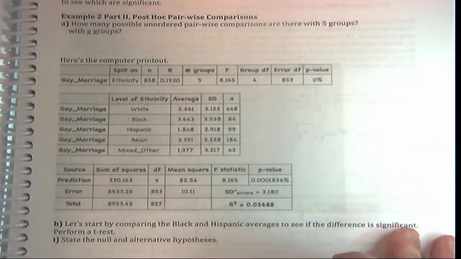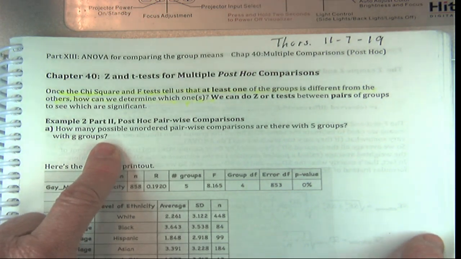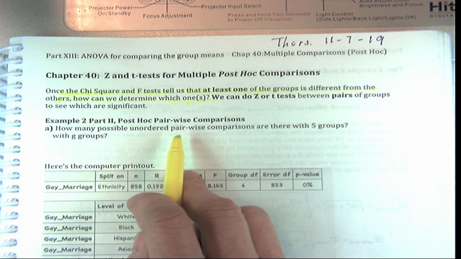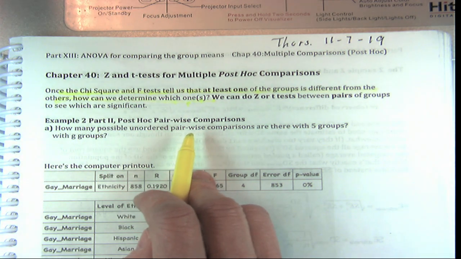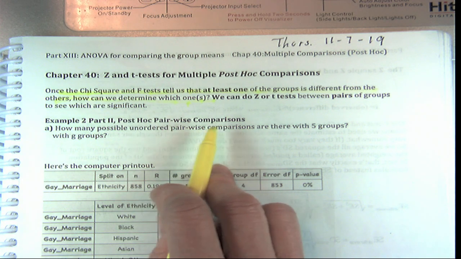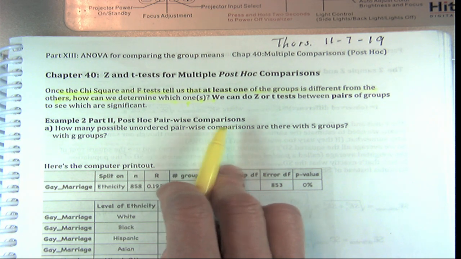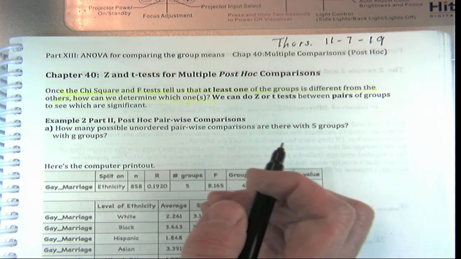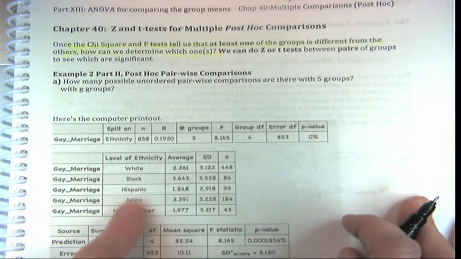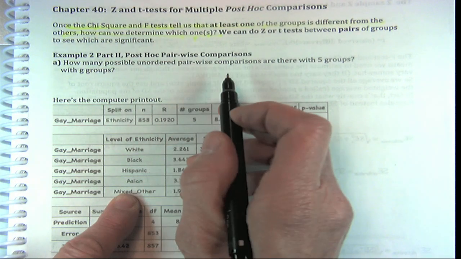So let's go back here and ask, how many possible pairwise comparisons are there with 5 groups? So let's think about that. For 5 groups right here, how many pairwise comparisons are there, unordered ones?